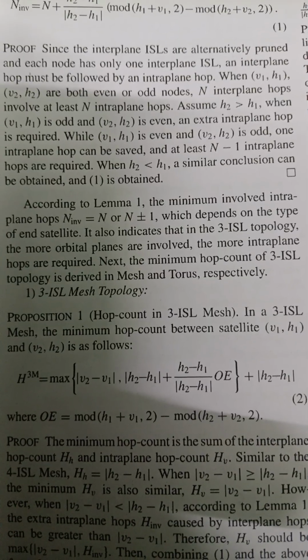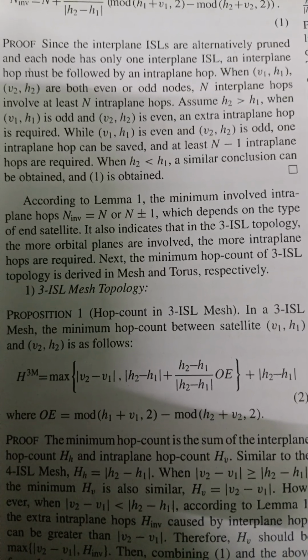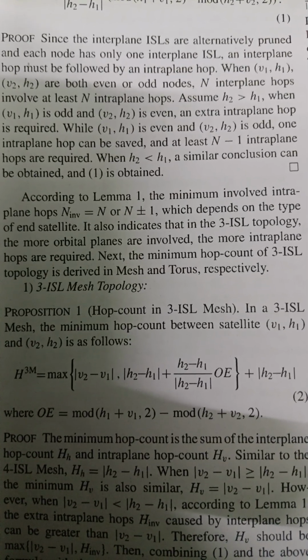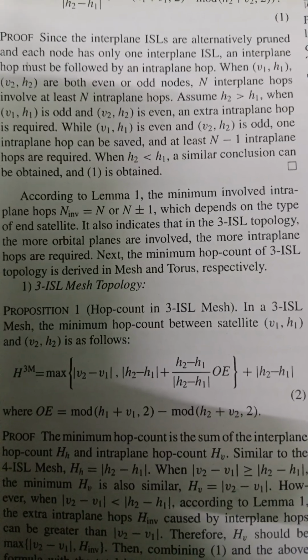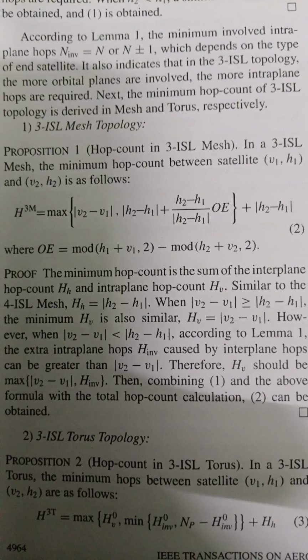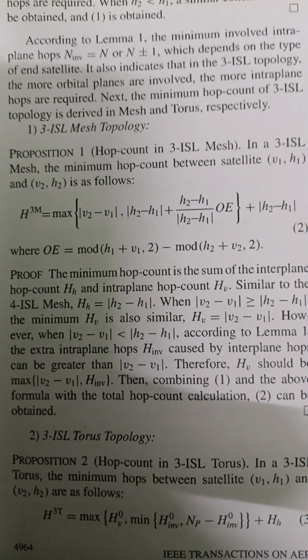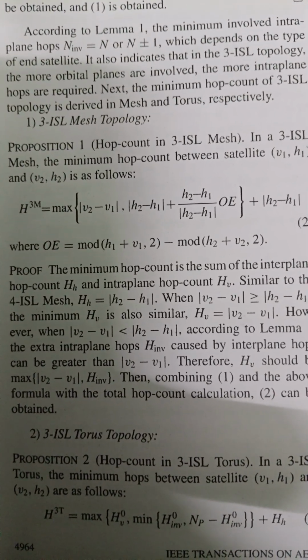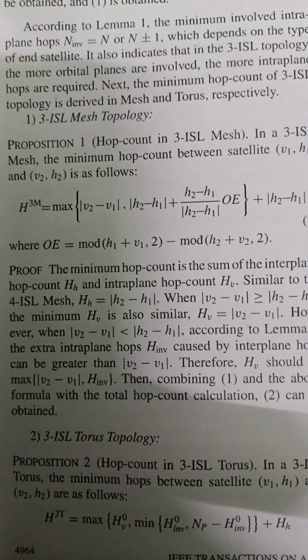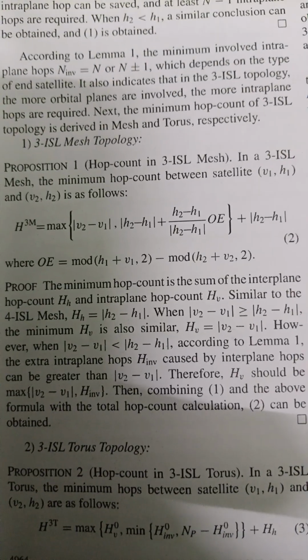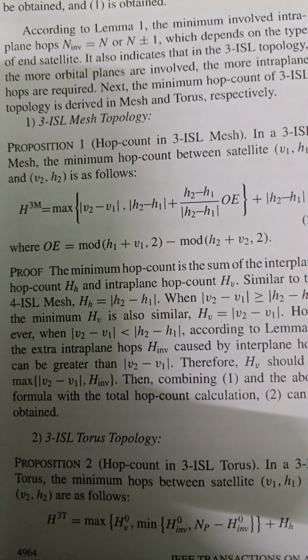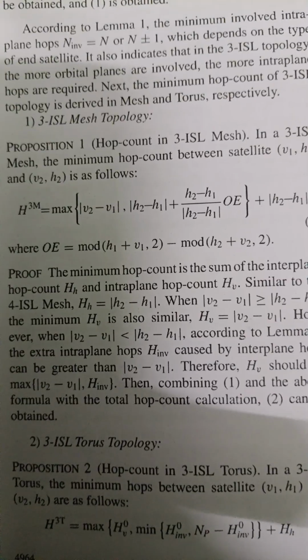Next, the minimum hop count of 3ASL topology is derived in mesh and torus respectively. 3ASL mesh topology: hop count in a 3ASL mesh. In a 3ASL mesh, the minimum hop count between the satellites (V1, H1) and (V2, H2) is as follows.